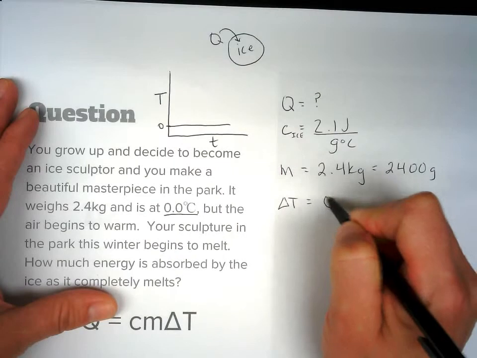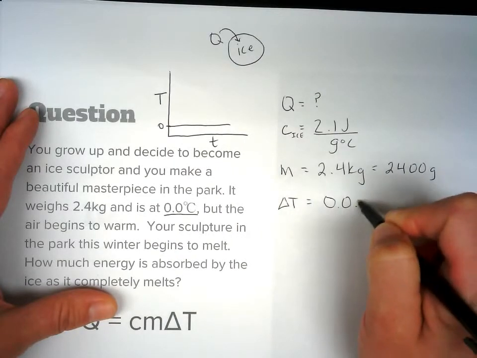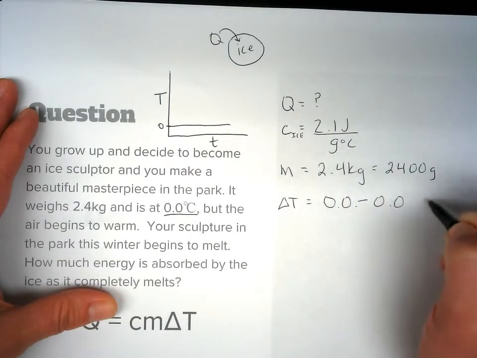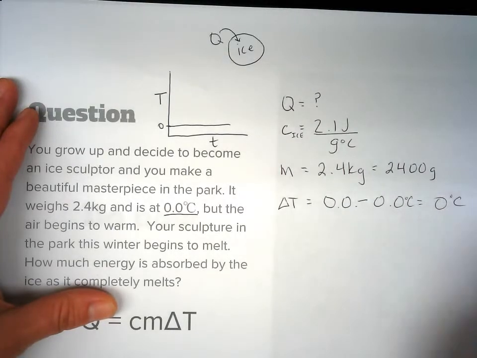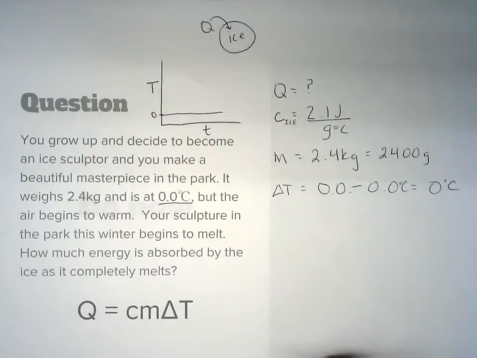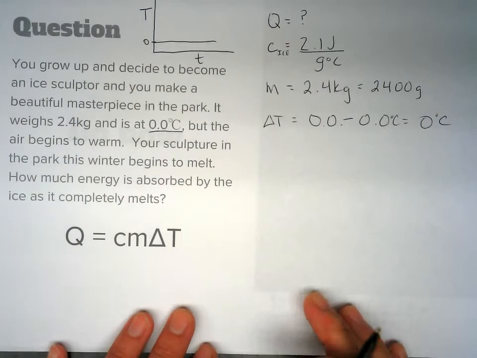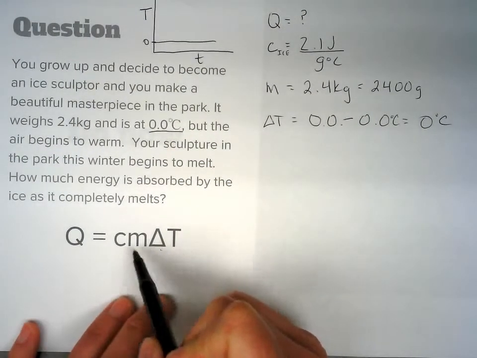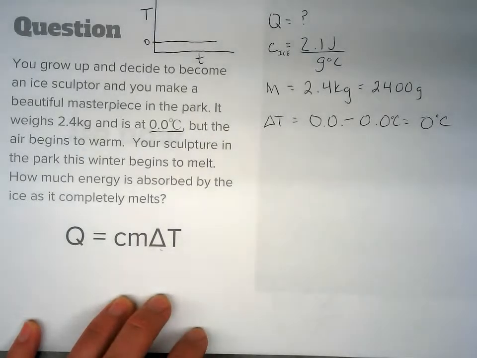And so here we're going to start out at about 0.0 and end at about 0.0. So our delta T is actually going to equal 0 degrees Celsius. So if I plugged in 0 degrees Celsius into my equation here, obviously that would make my entire equation 0, and my Q would equal 0.